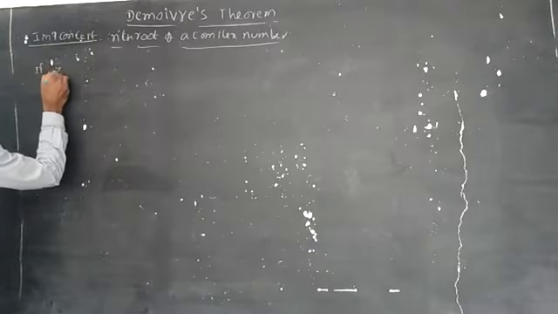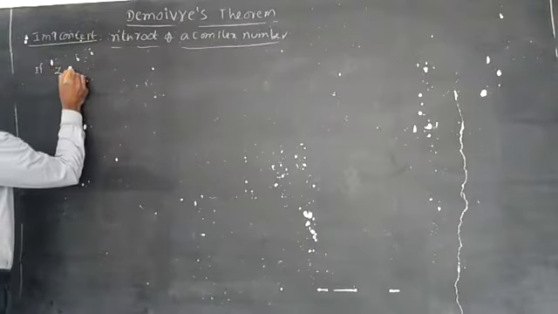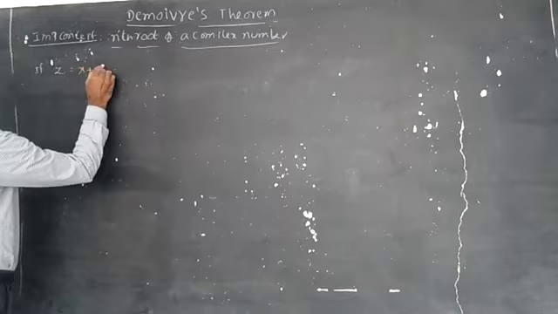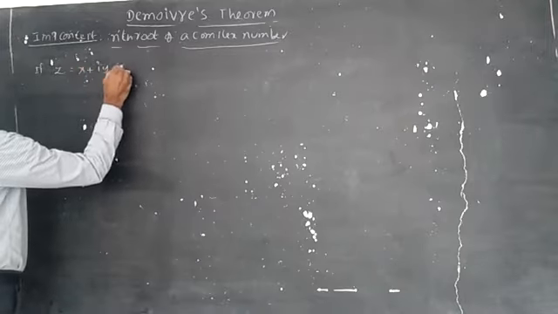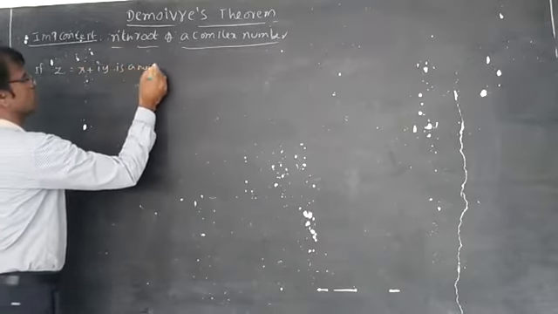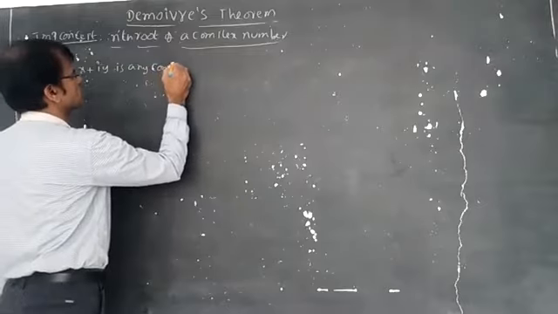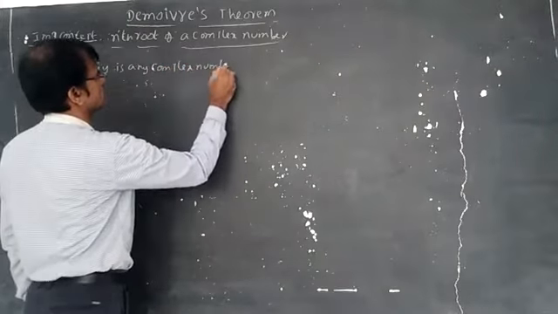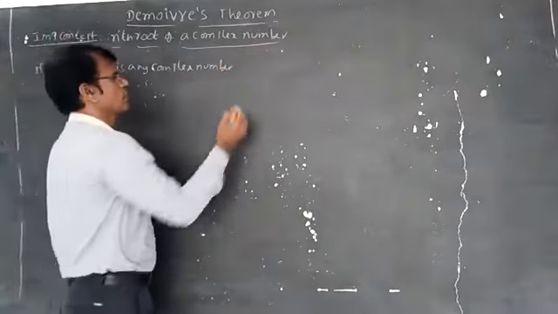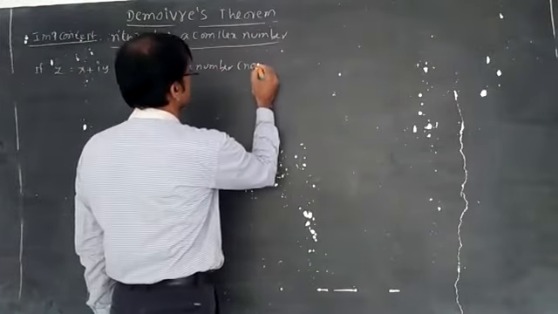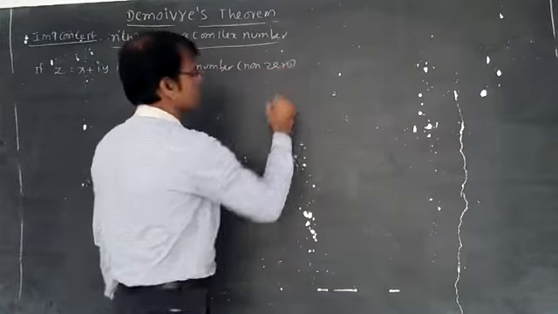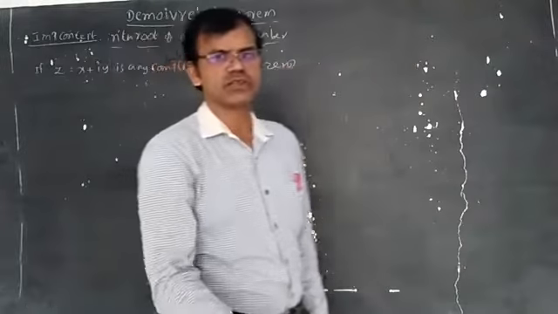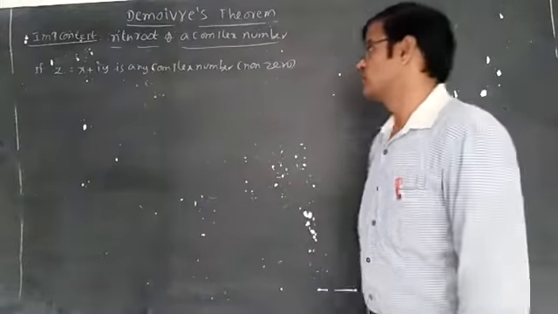If z is equal to x plus iy is any complex number that is non-zero, so z not equal to 0. If it is 0, there is no nth root, everything is 0.